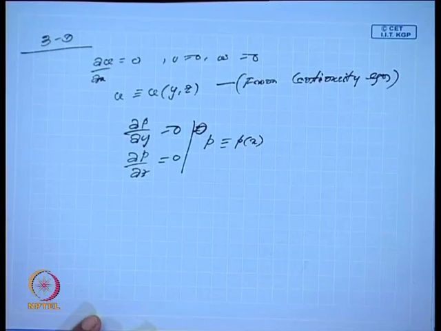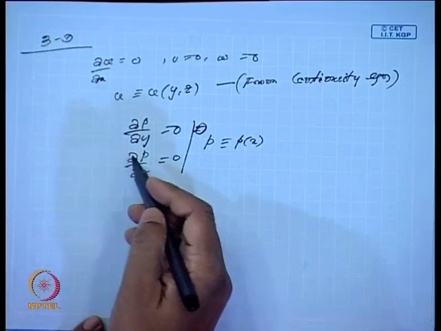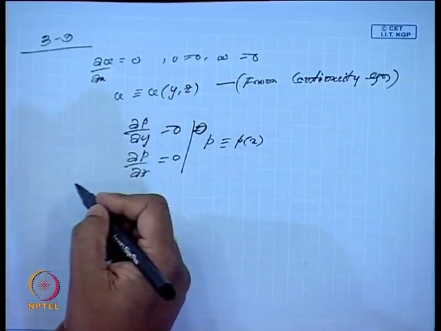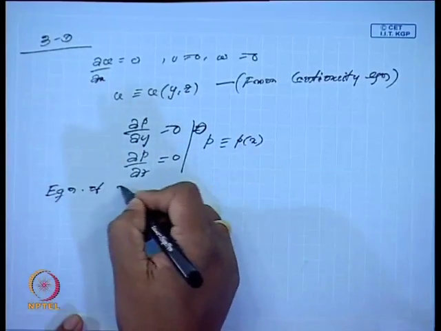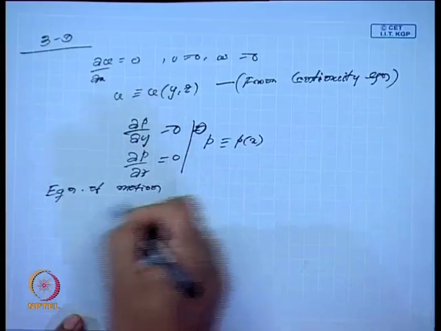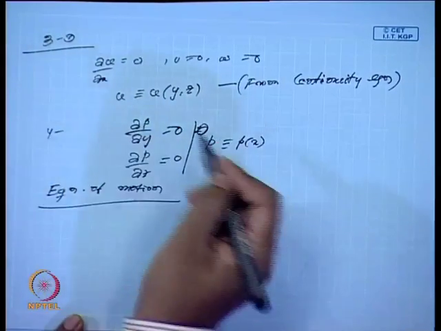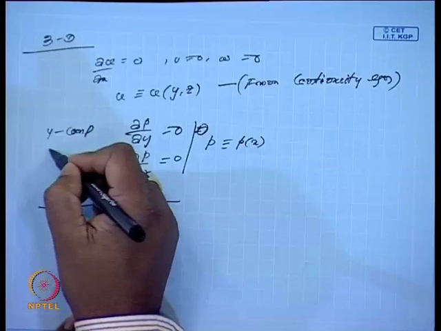And in the process, what will happen to the x component of the equation of motion? This is from the y component of the equation of motion, and this comes from the z component.